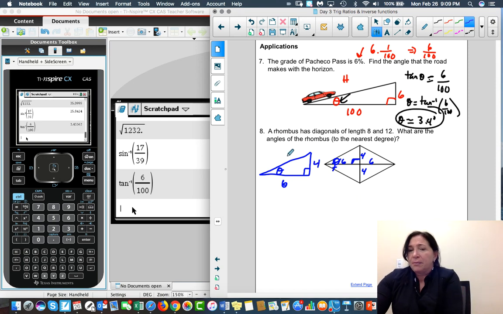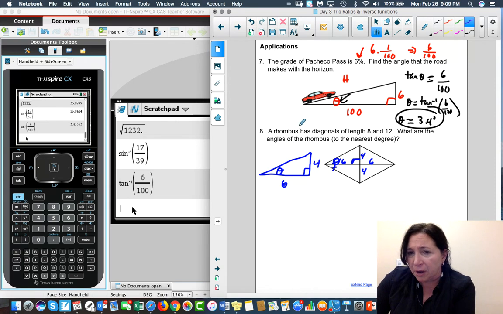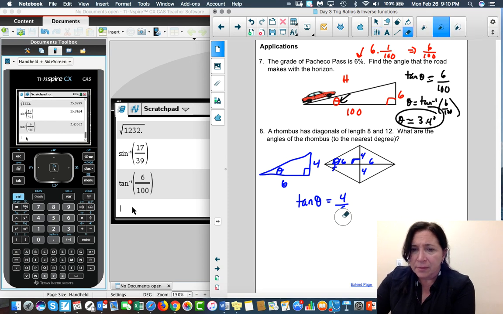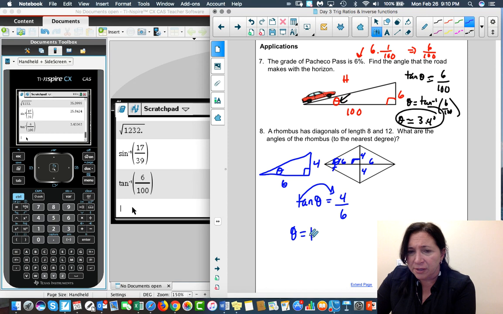I don't have the hypotenuse, and I'm not trying to find the hypotenuse, so I'm going to use tangent. Tangent of theta, it's always the angle, is equal to the opposite side over the adjacent side, so that's over 6. Tangent is equal to 4 over 6. So theta is equal to arc tangent of 4 over 6.